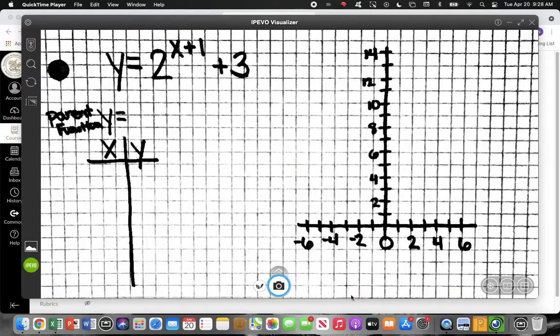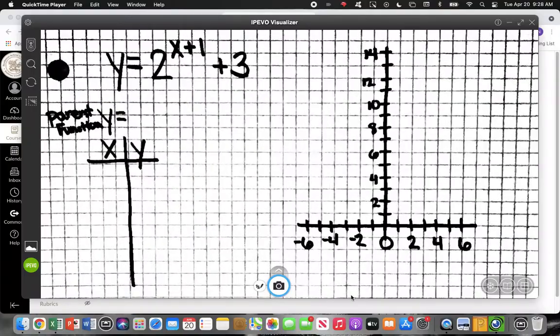All right, so we are going to graph the parent function first in one color, and then we're going to decide what the shifts are going to be in the second part, and then we'll move our points. So if we look at this, the parent function is just the base and the exponent of x. So what's the base?